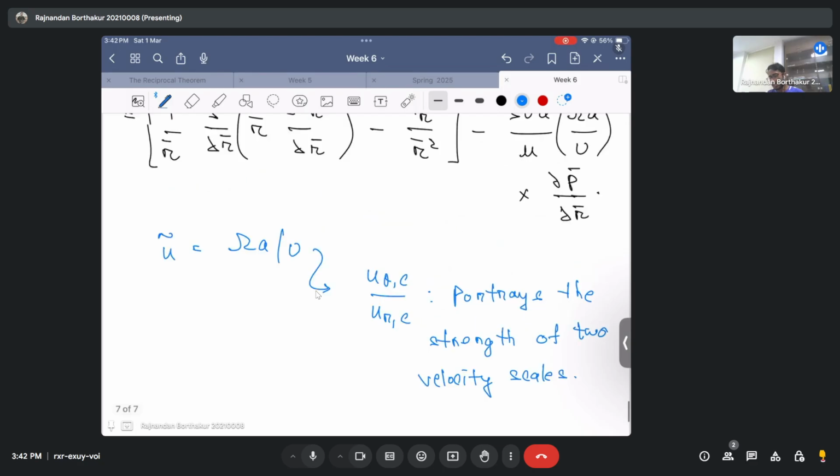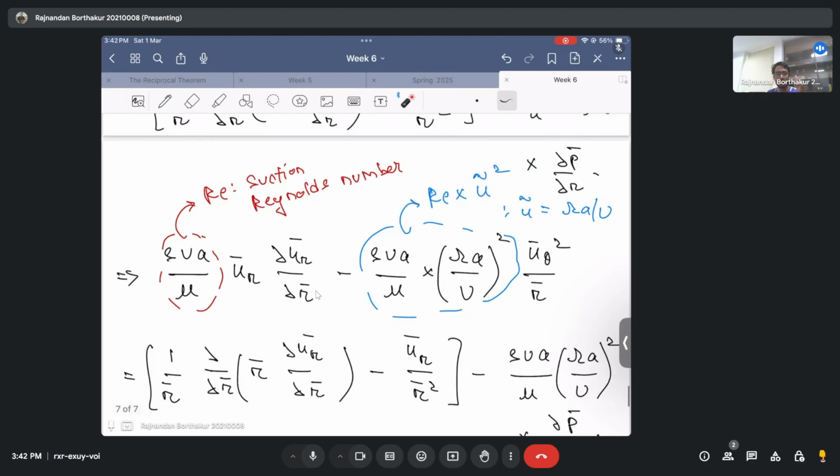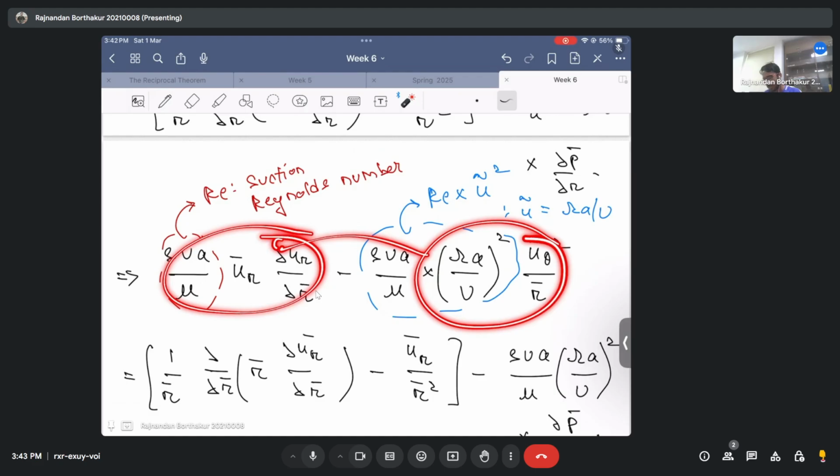You can appreciate that if I say the cylinders are rotating very much faster with respect to the suction, then this U tilde is very much larger than 1 with respect to this Reynolds number, meaning that this term will now dominate over the other terms.